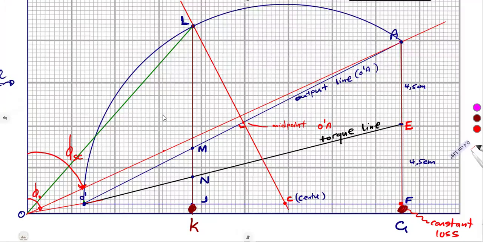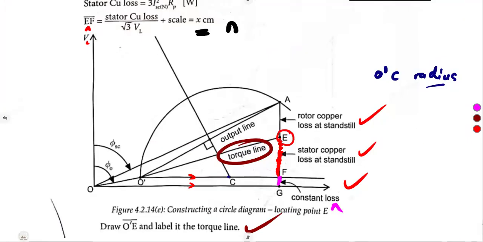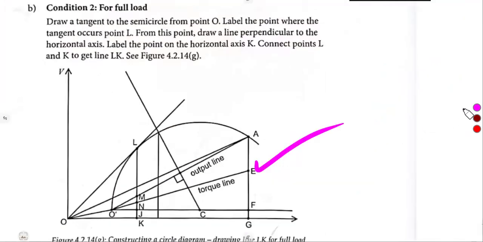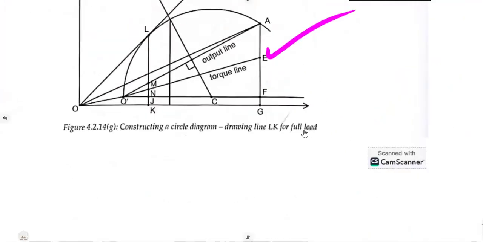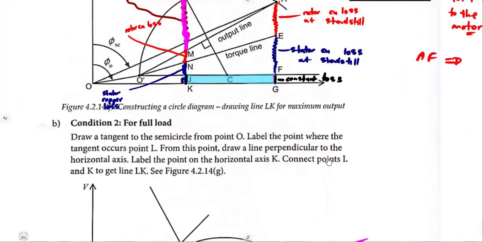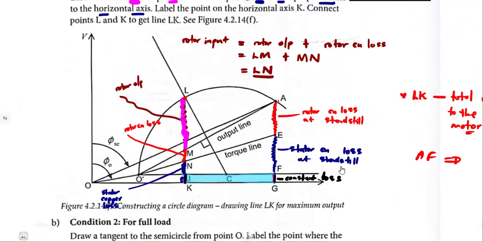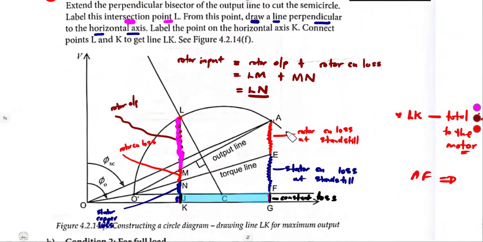When they do not mention it, you work along the line LK, from L to K. There was a part here where I explained this one. The standstill is along the line AF, whereas the other part is along this line L to K. So they are referring to the rotor copper loss.